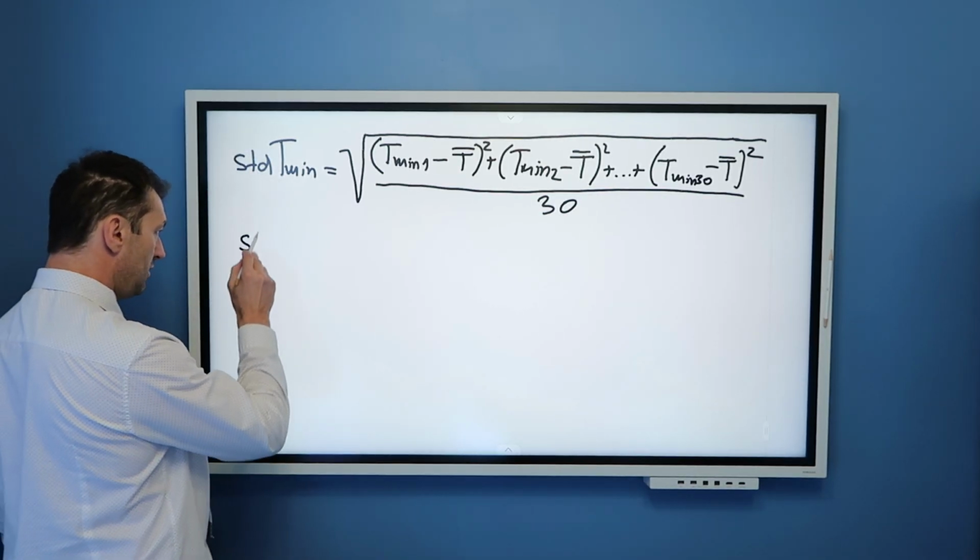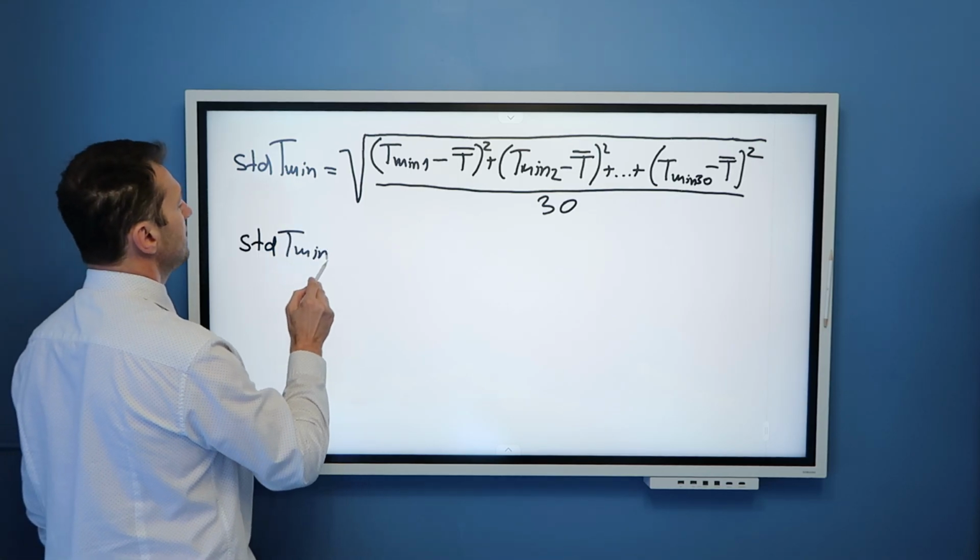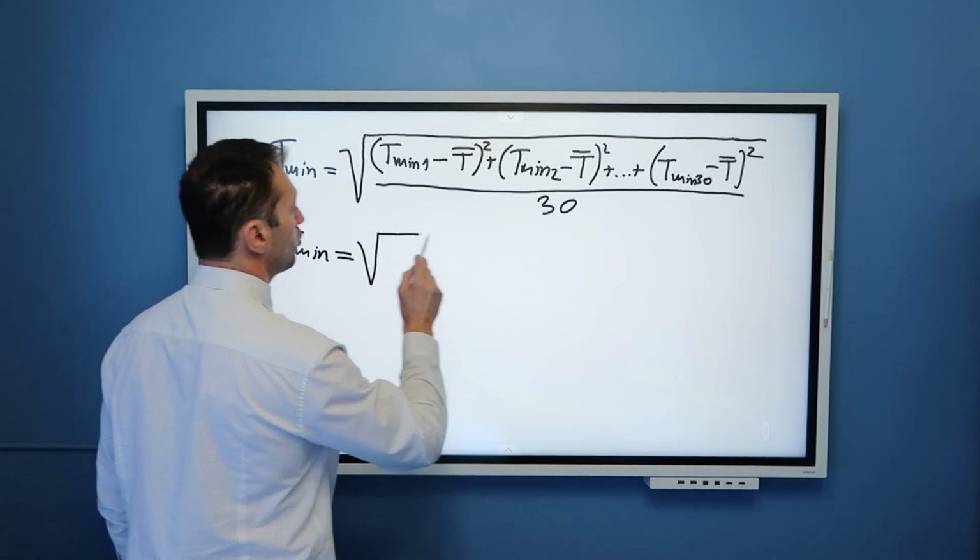This can be written in a more concise way to say that standard deviation is the square root.